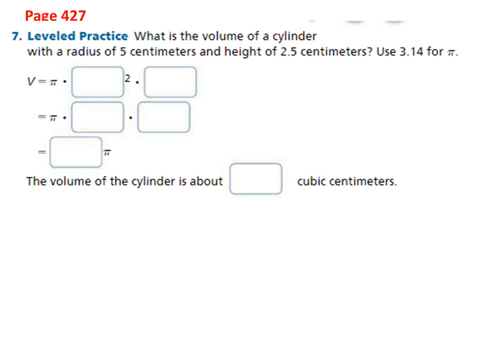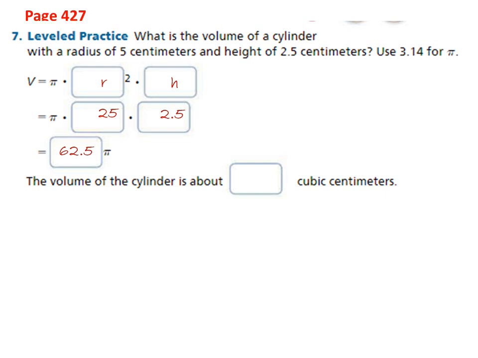Remember that V equals pi r squared h. So V equals pi r squared. Of course, the radius length here is 5, so 5 squared is 25, and h, the height, is 2.5. Now simplify. Multiply 25 times 2.5.